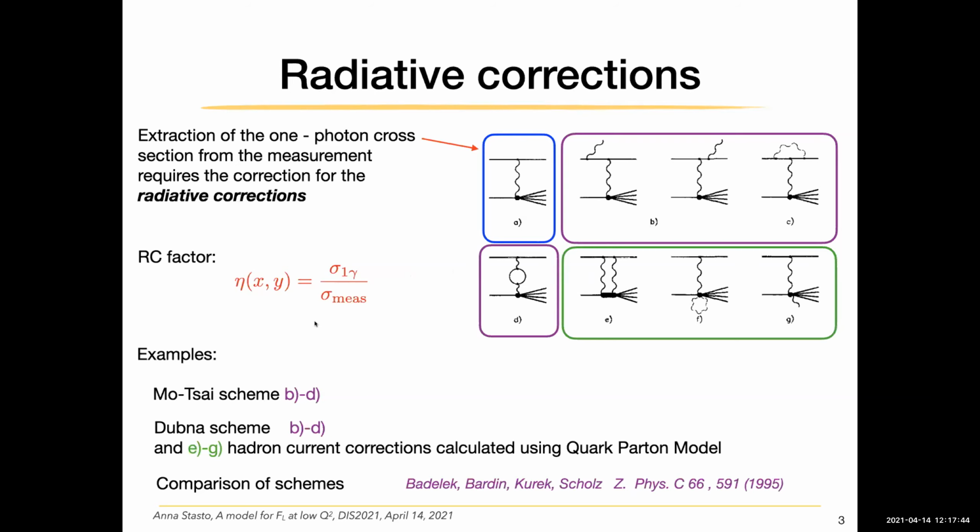Examples of schemes for the radiative corrections are the famous Mo-Tsai scheme, which takes into account the radiation from the lepton vertex, and the Dubna scheme that includes the hadron current corrections within the quark parton model. In this very nice paper, the comparison of different schemes was performed.